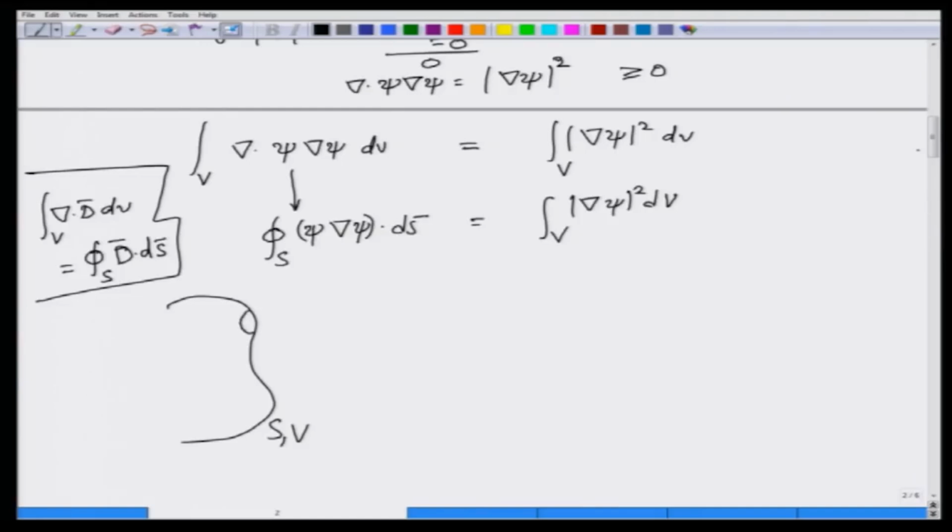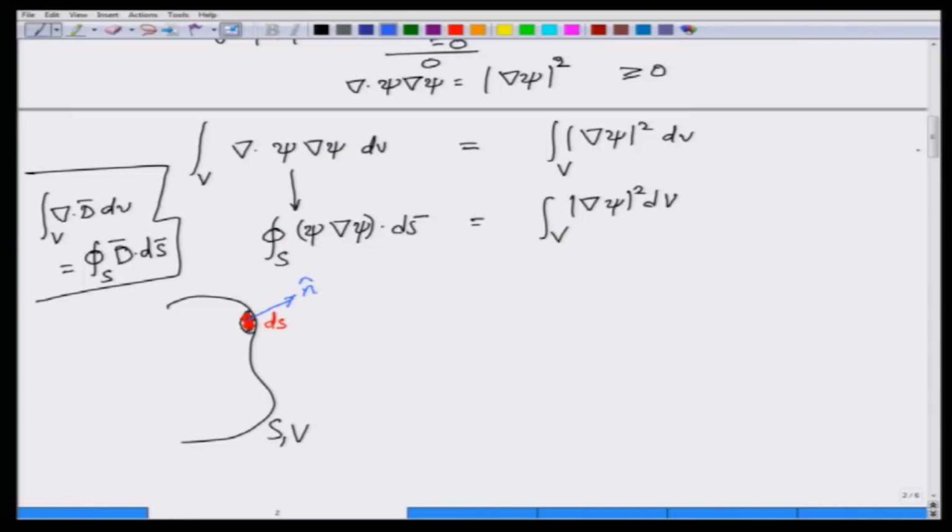If you consider this small patch on the surface as the differential surface element ds, it has an area of ds, but it points in the direction normal to the surface.